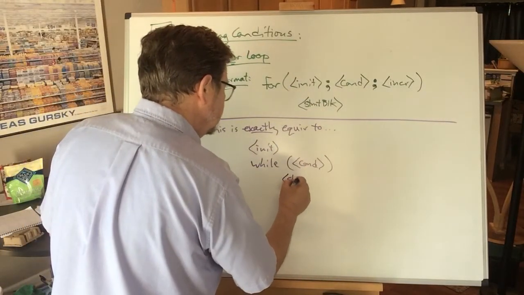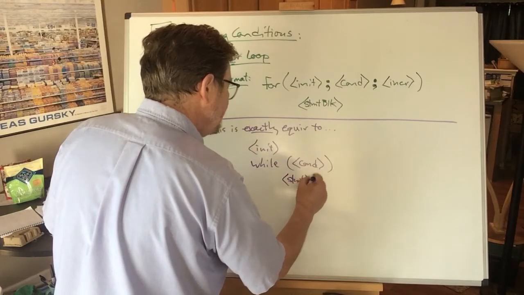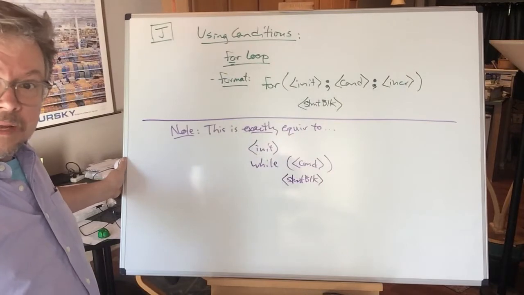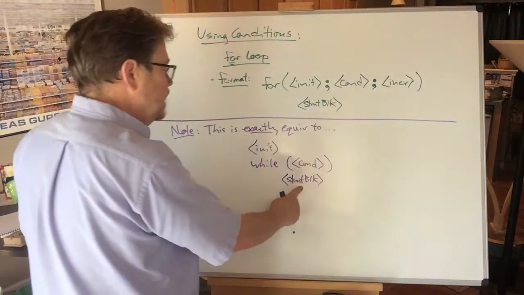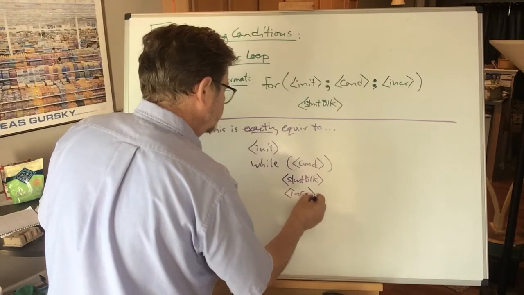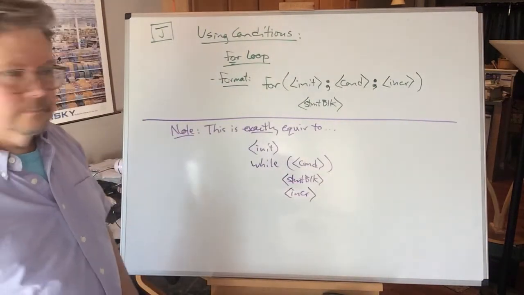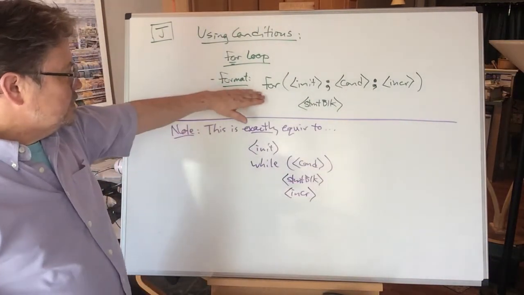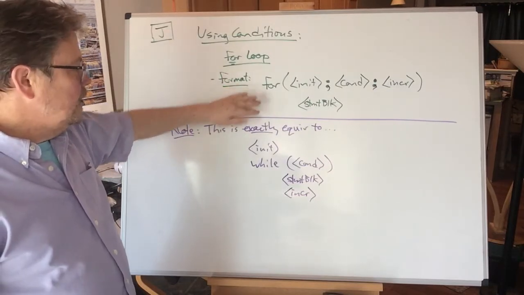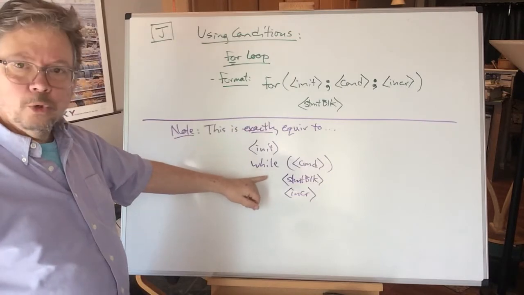I'll indent that, STNTBLK. But wait, there's more. After it's done the statement block, then it does the increment statement. This, the green loop in for, is exactly equivalent to this while loop.